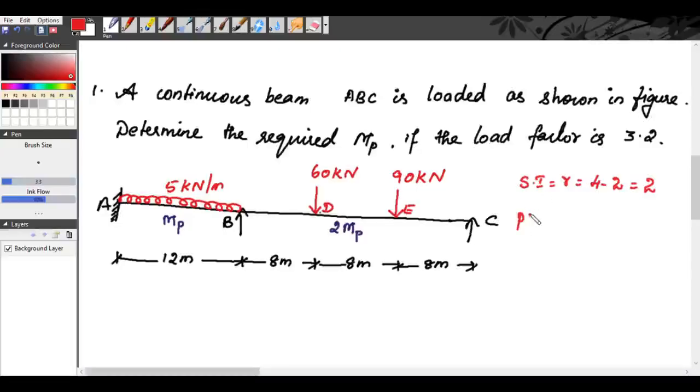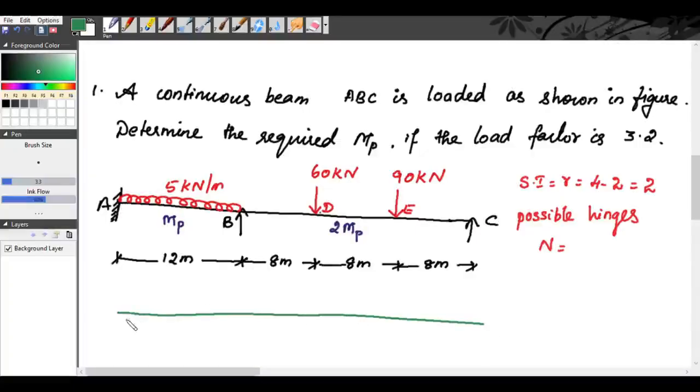So we will see the possible hinges. So possible hinges is represented by n. So the possible hinges are, if we take this continuous beam A, B, C, at A there is a possibility of hinge, right?